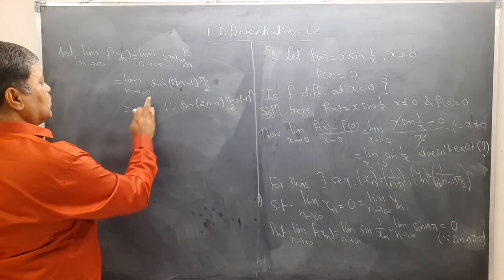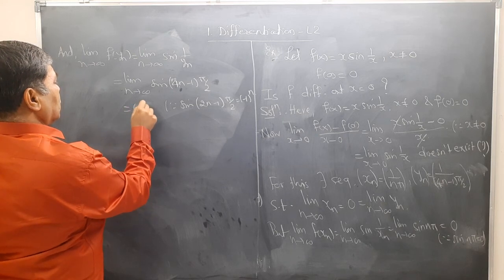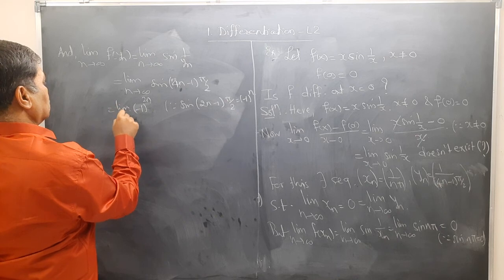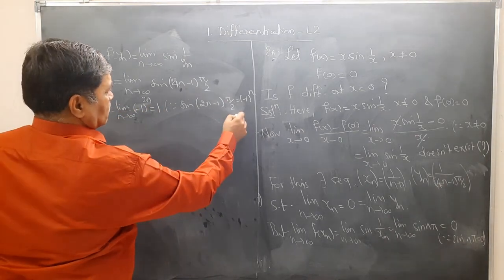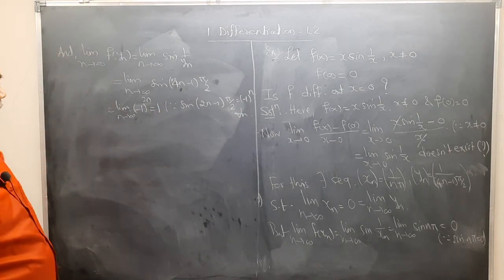So this will become minus 1 raised to 2n, which is 1.